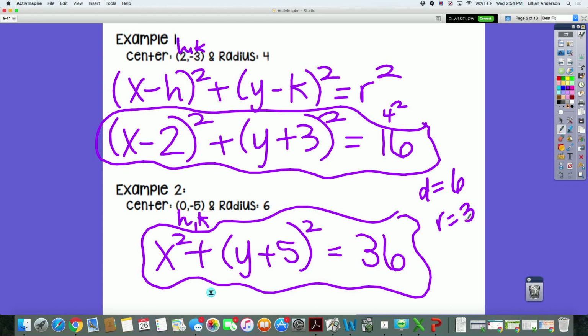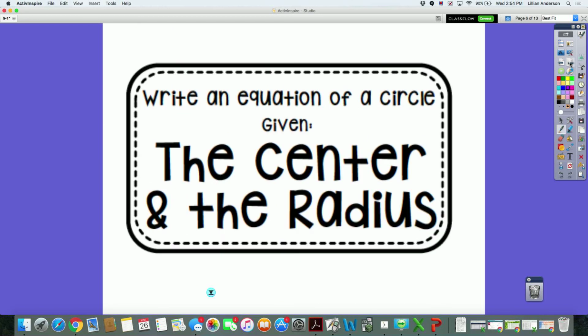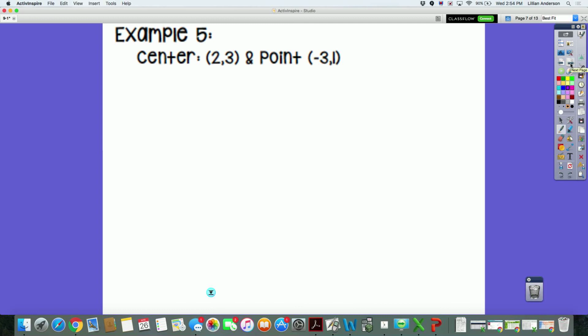We're good? Okay. So, go to the next one. We're going to do the center and a point. I know I said center and point before; I meant center and radius before. We're doing center and a point this time. Unlike the other two examples, I do still have my center, so I can already start.